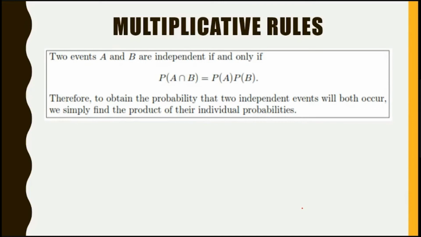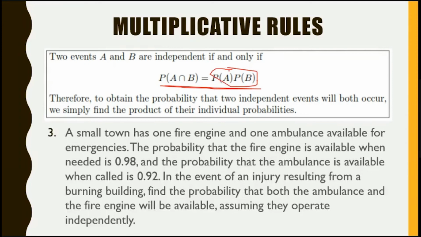Since we already proved that the probability of the intersection of A and B is exactly equal to the product of the probabilities of events A and B, we now have a definition. Therefore, to obtain the probability that two independent events will both occur, simply find the product of their individual probabilities. Just like in this example.